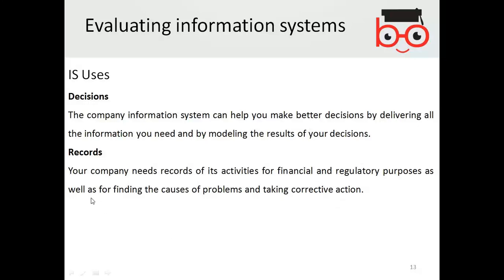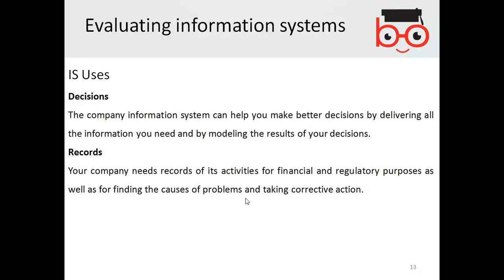The records will also help you to find the causes of problems, that is, where the problem was within the information system or within the organization, whether it was related to technological issues of the information system, or to problems within the organizational strategies itself. So it really depends.